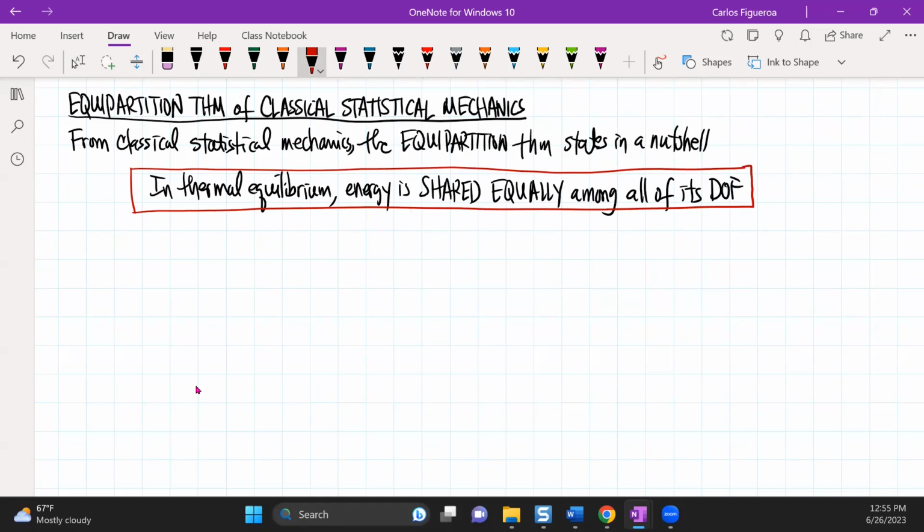So all energy is shared equally according to their degrees of freedom.